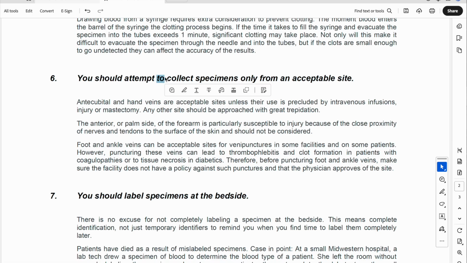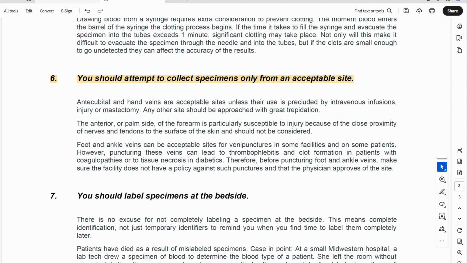Number 6. You should attempt to collect specimens only from an acceptable site. Site selection directly impacts both specimen quality and patient safety.